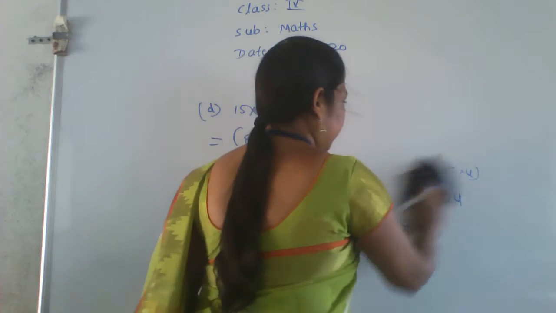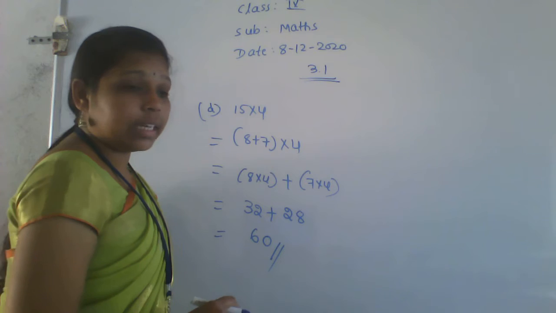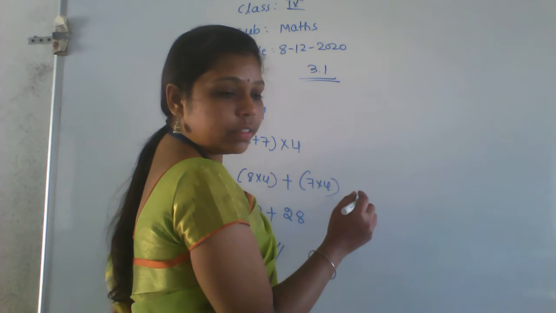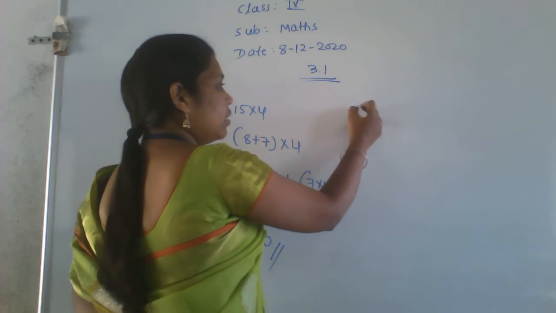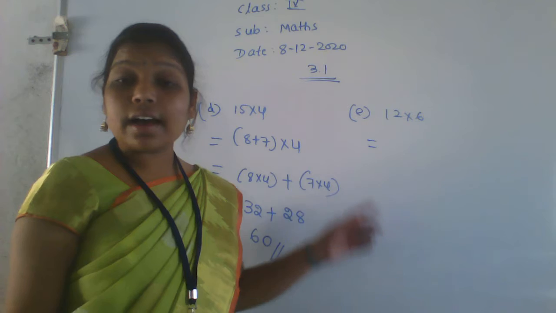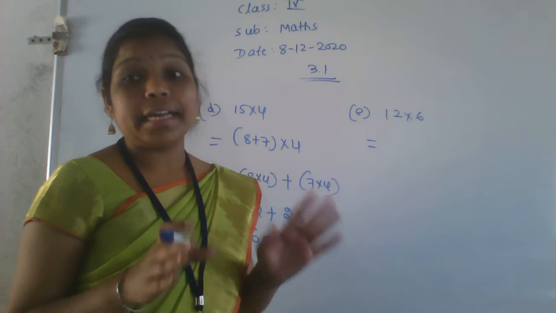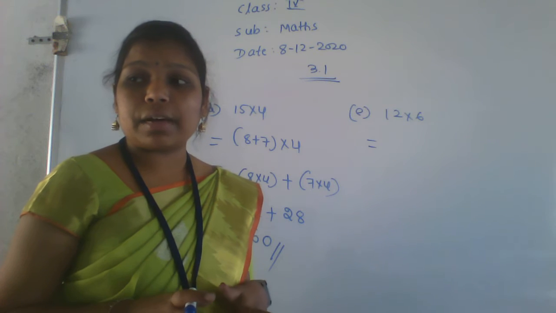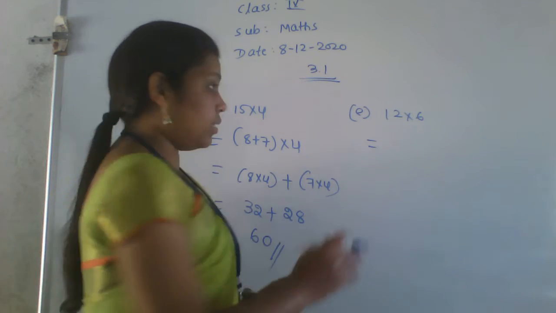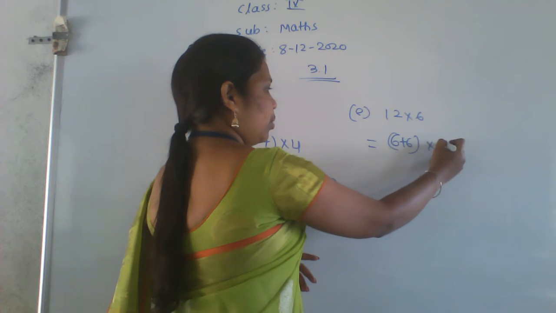Okay, next, go for the next problem. 12 into 6. Now we have to break up the 12. Break up the 12 means that is 6 plus 6. 6 plus 6 into 6.